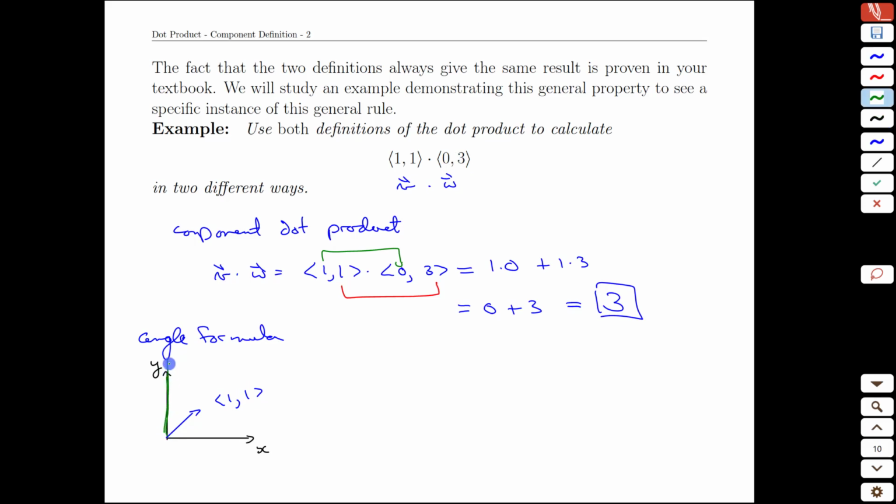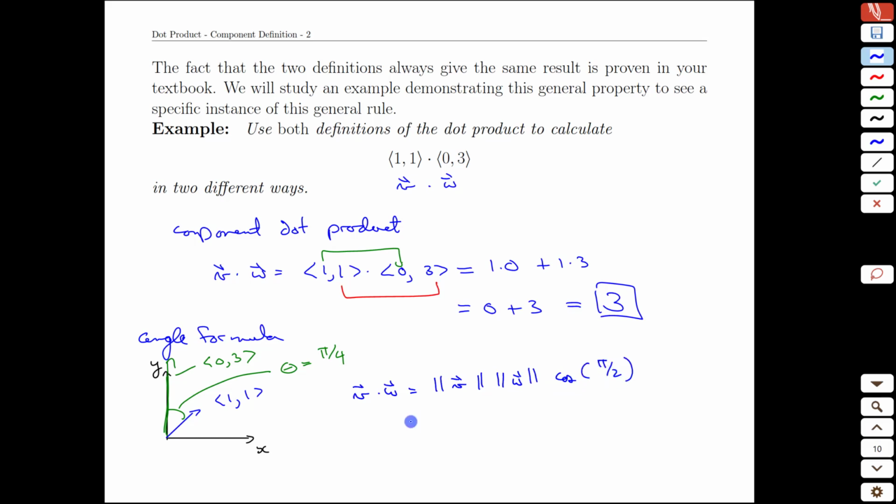So it would be up here like so, 0, 3. And we can tell from the diagram then that the angle between them is going to be 45 degrees or pi over 4 radians. If that's the case, then we can take the dot product again, but now using the angle version, angle and length formula.